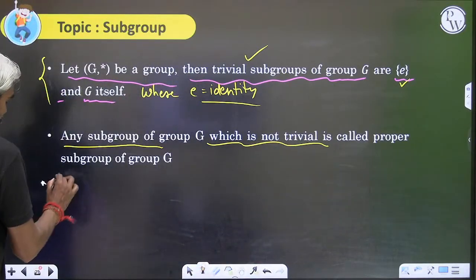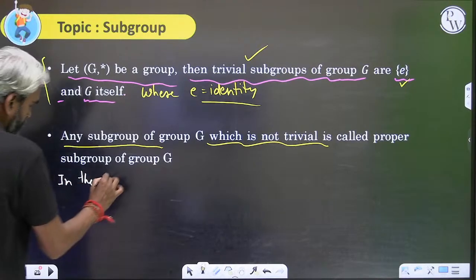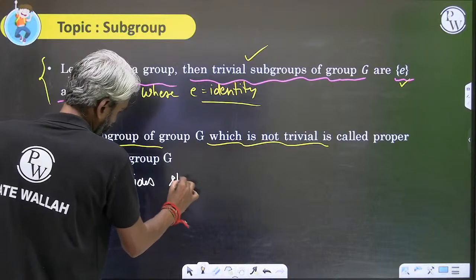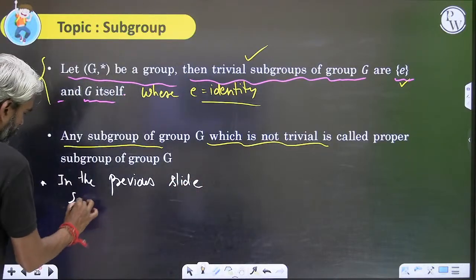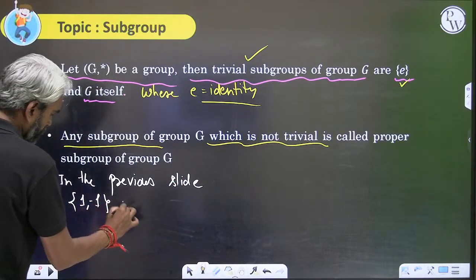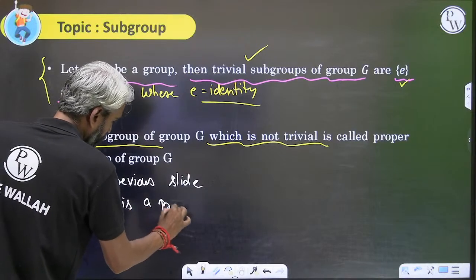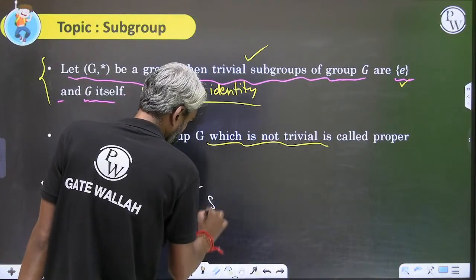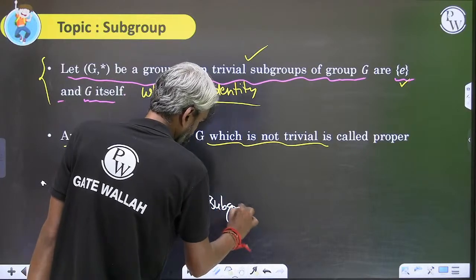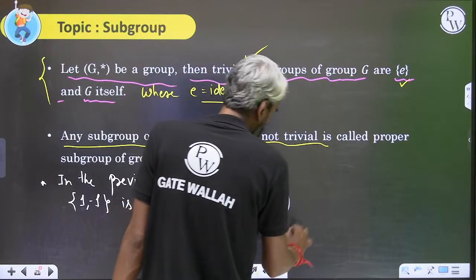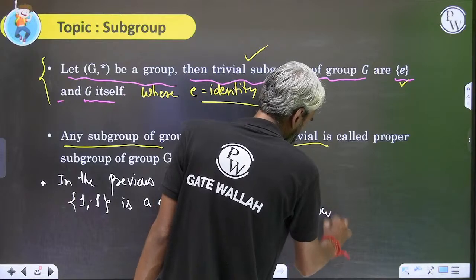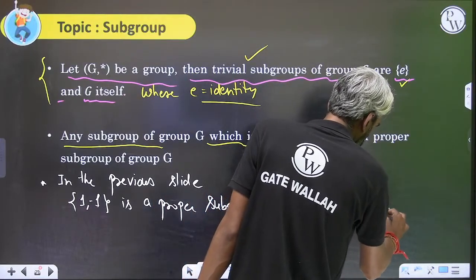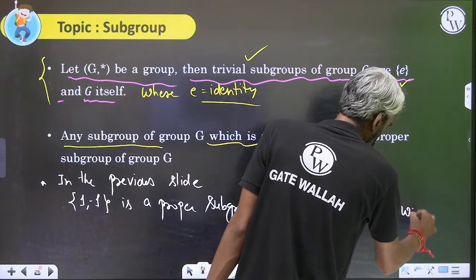So in the previous slide, {1, -1} is a proper subgroup of the group {1, -1, iota, -iota} with respect to multiplication.